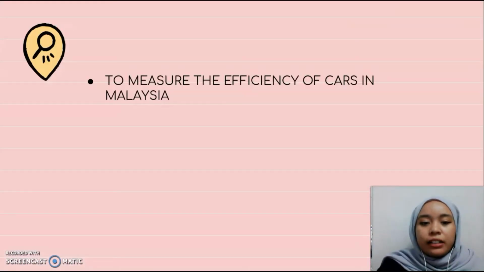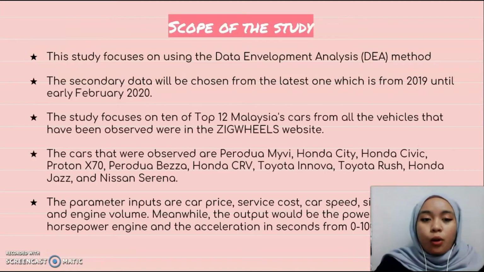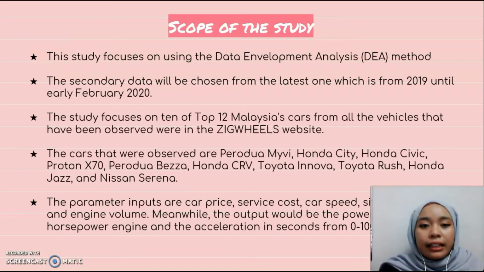So the objective is to measure the efficiency of cars in Malaysia. We want to know whether the 12 best cars, which are mixed, some local and some overseas, are efficient. The data that I collect for the cars is secondary data, which I take from the Zigwheels website, from 2019 until early February 2020, and it is the 12 best cars stated by Zigwheels.